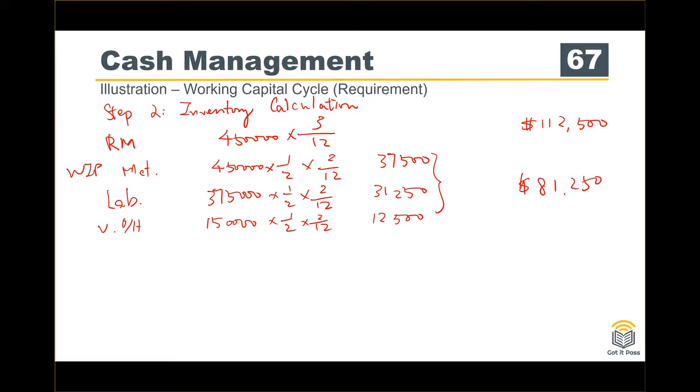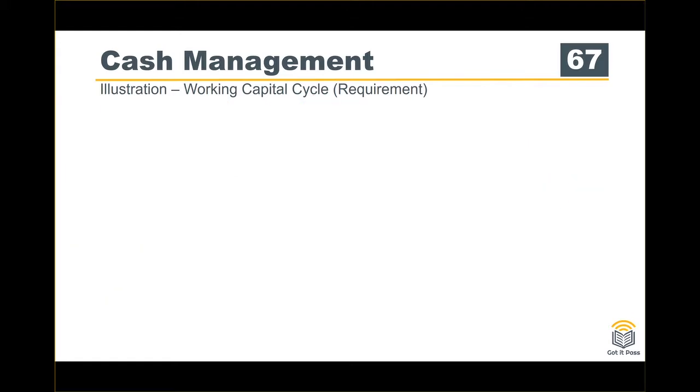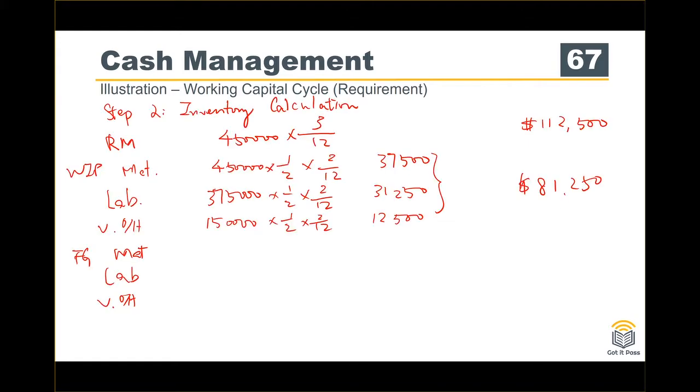So next is finished goods. We worked out the raw materials, the WIP, and the next is the finished goods. For finished goods, you also have to check the materials, labor, and variable overhead. For finished goods, it will keep only 1 month.